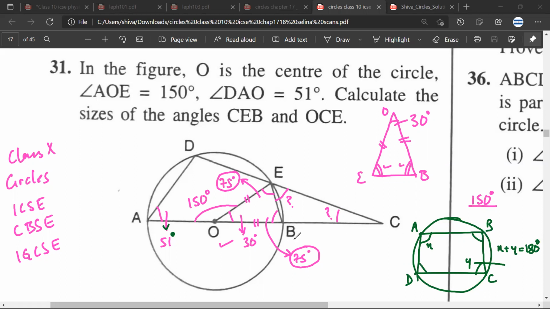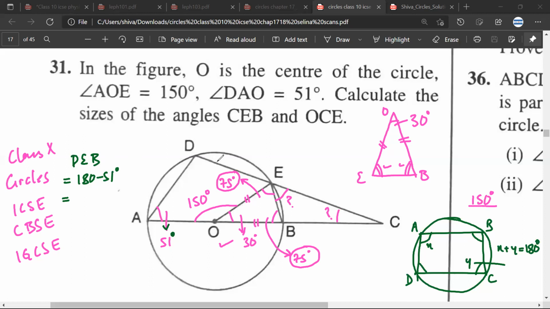Yes. So we know that this DAB is 51 degrees. That is why DEB would be equal to 180 minus 51 degrees. Do we agree? Yes.